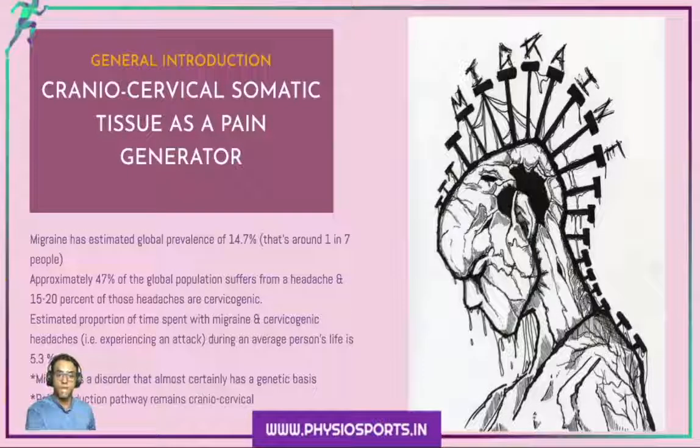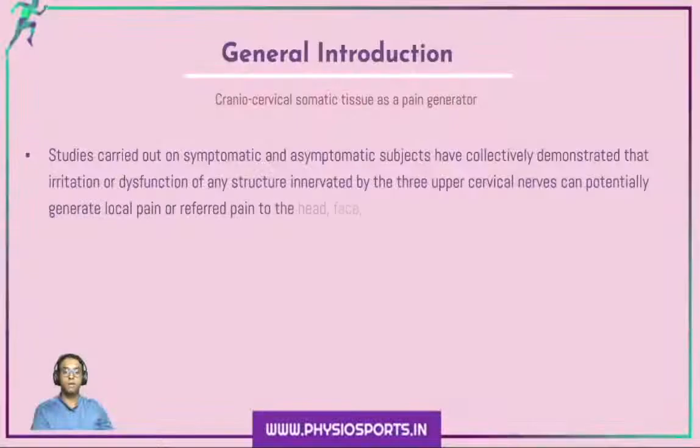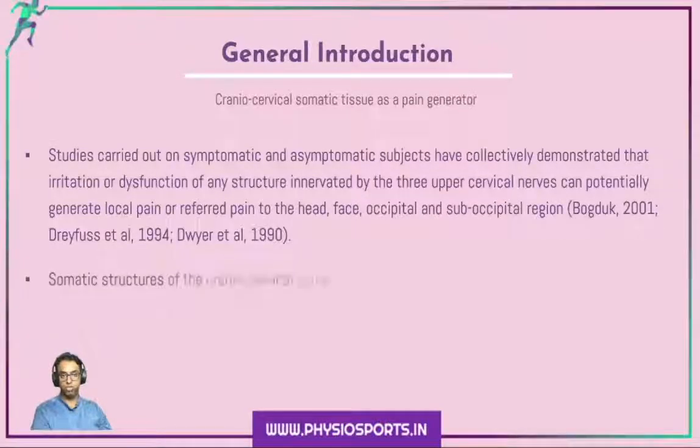Studies have revealed that migraine is a disorder that almost certainly has a genetic basis. However, the pain conduction pathway remains that of the craniocervical region. The craniocervical region houses one of the most densely innervated tissue structures.